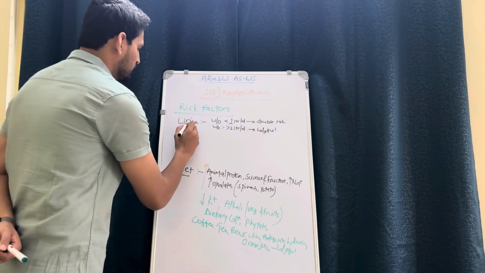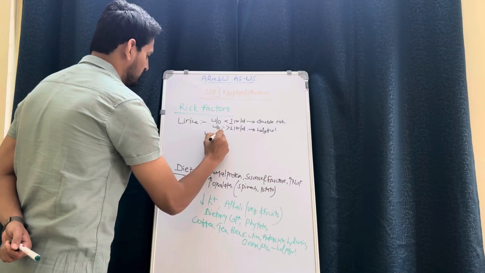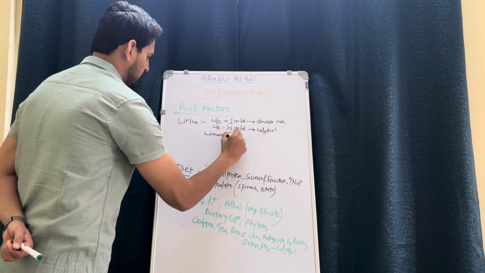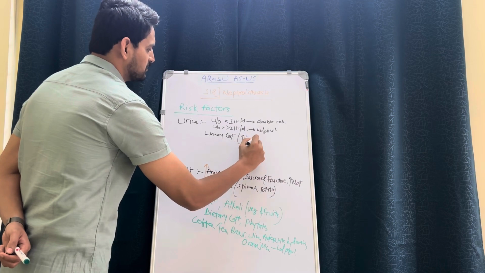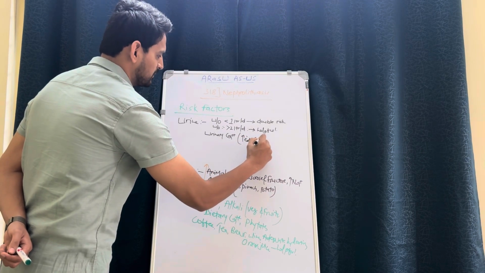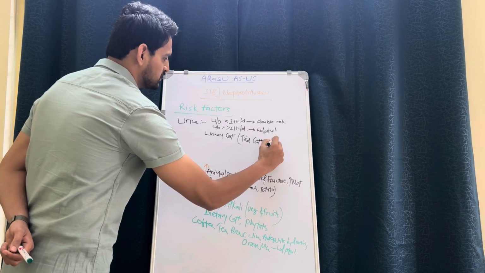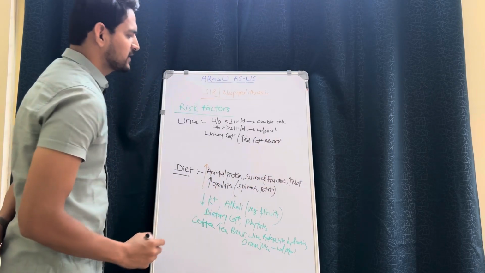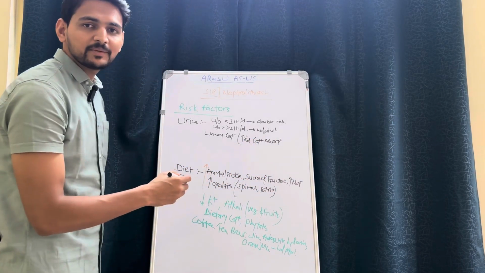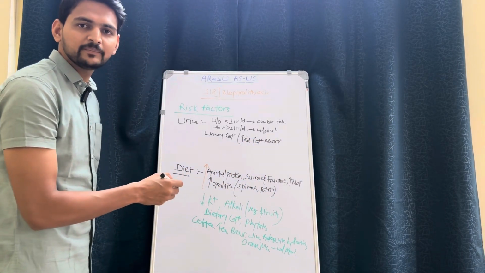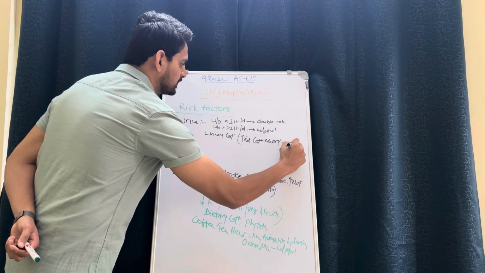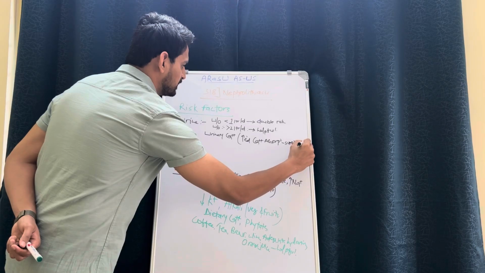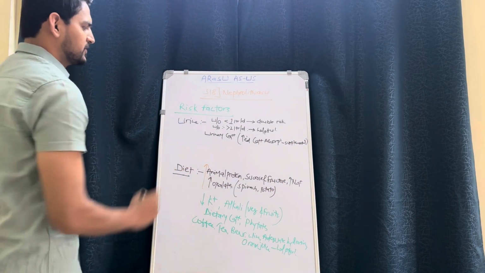Then urinary calcium. Whenever there is increased calcium absorption from the GIT, this happens when we take calcium in the form of supplements, but not dietary calcium. So this is a risk factor.